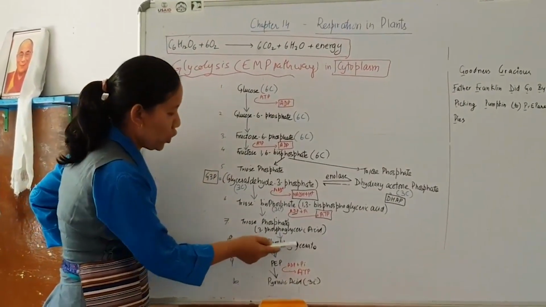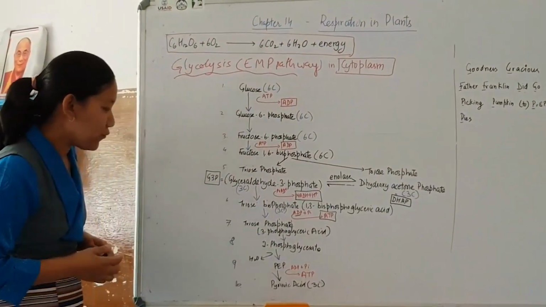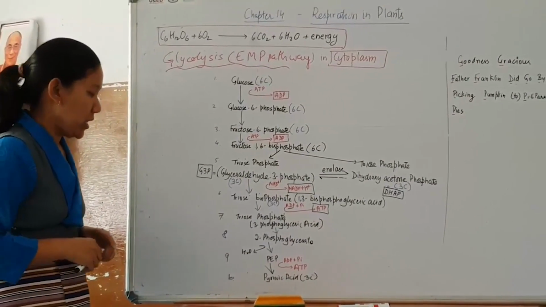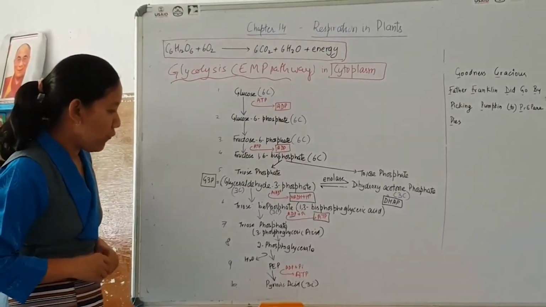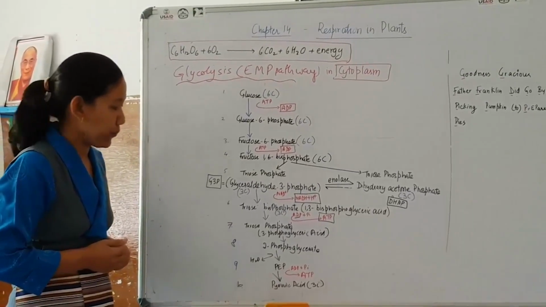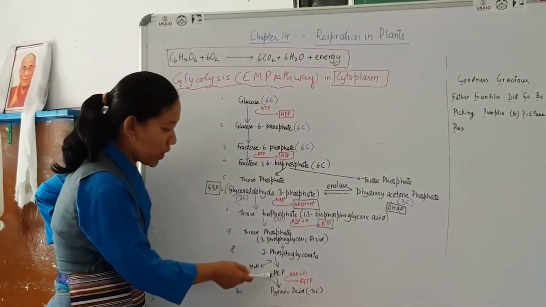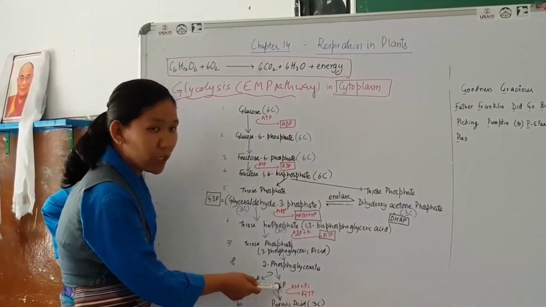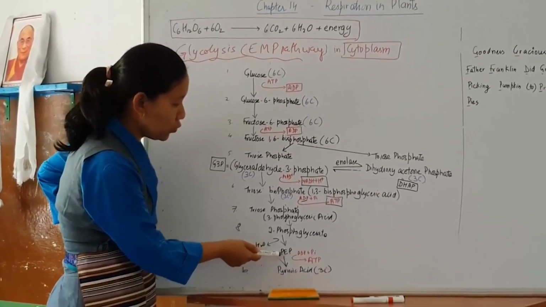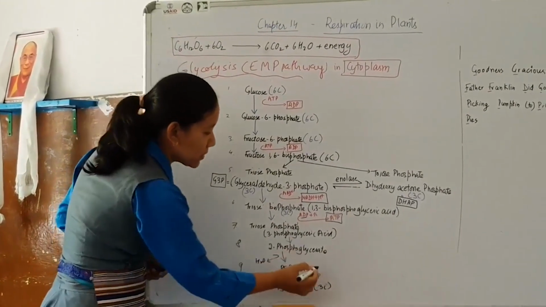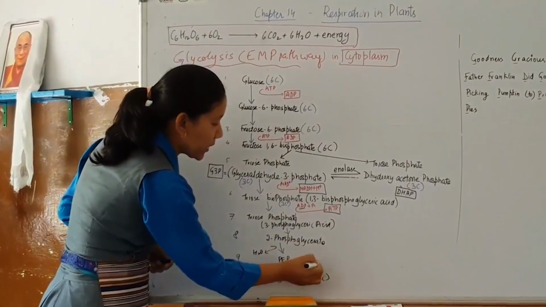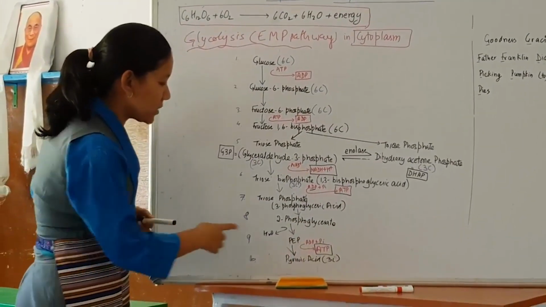So, 2-phosphoglycerate. And from this 2-phosphoglycerate, water is released and it turns into phosphoenol pyruvate, abbreviated as PEP.